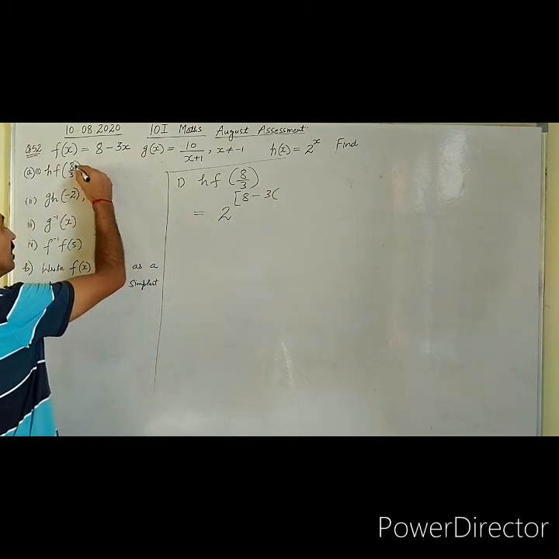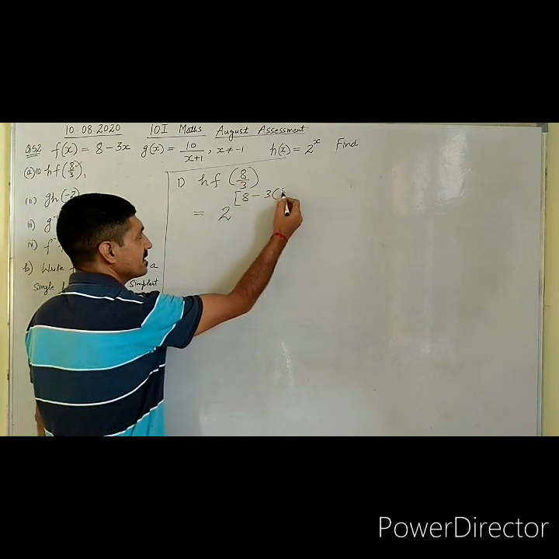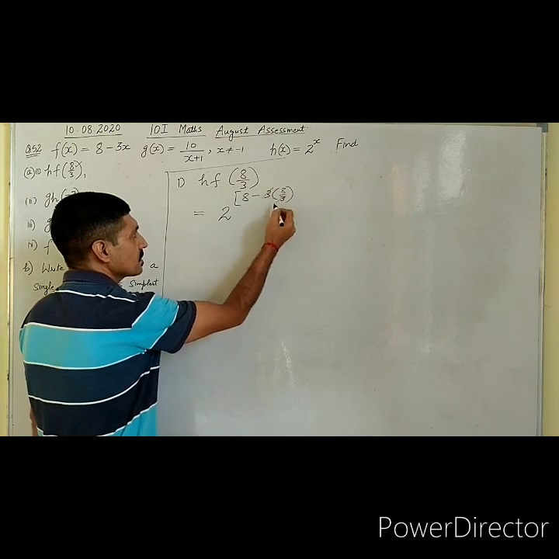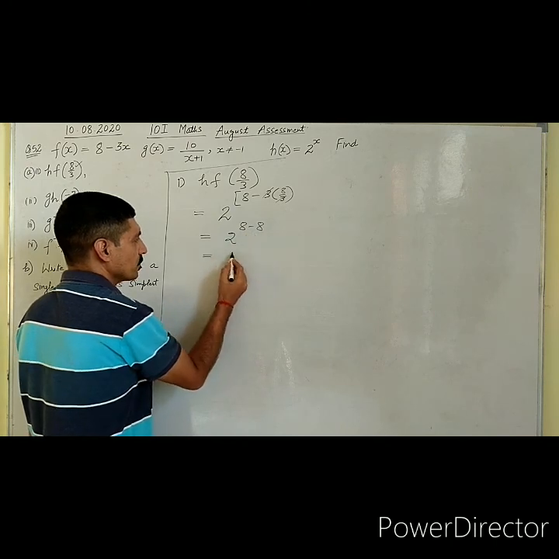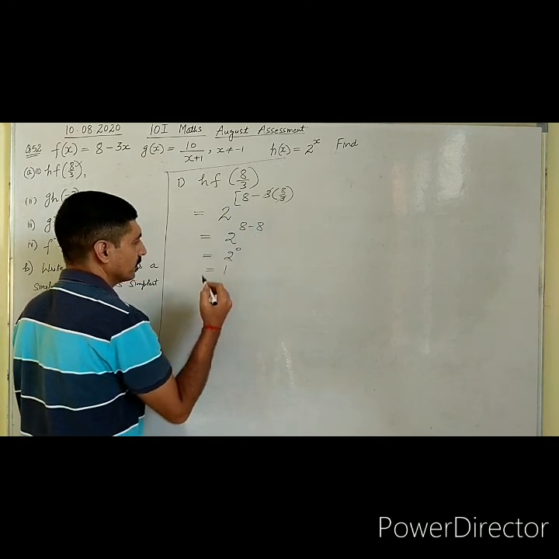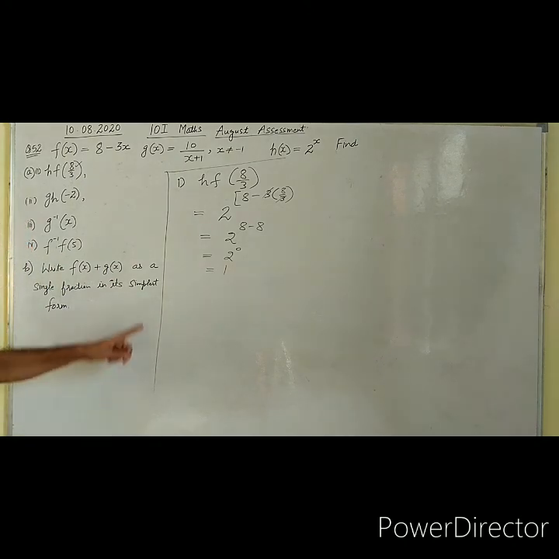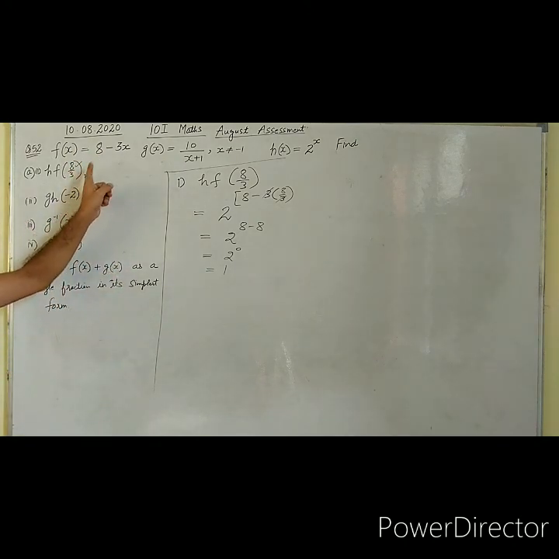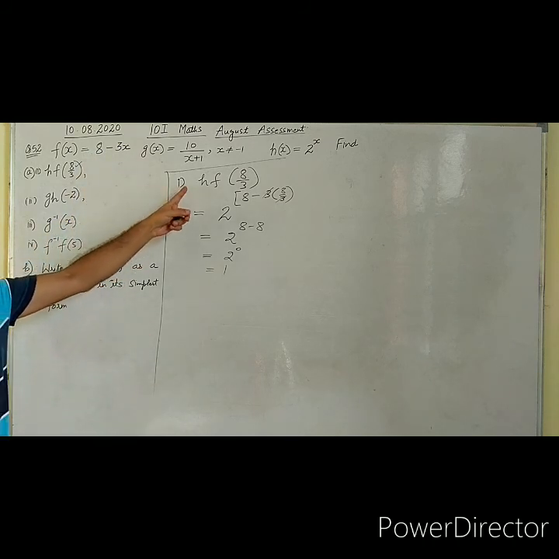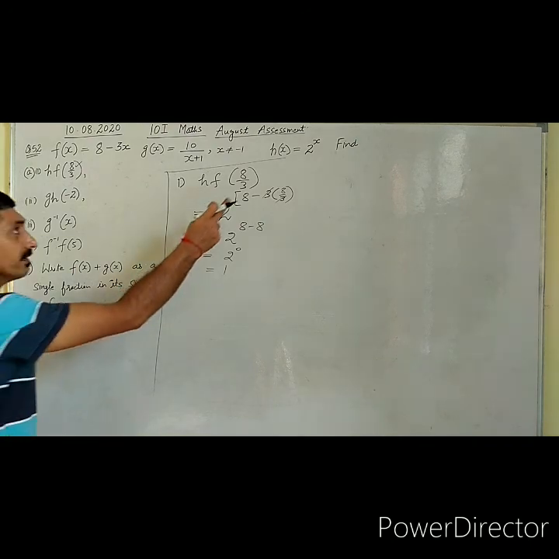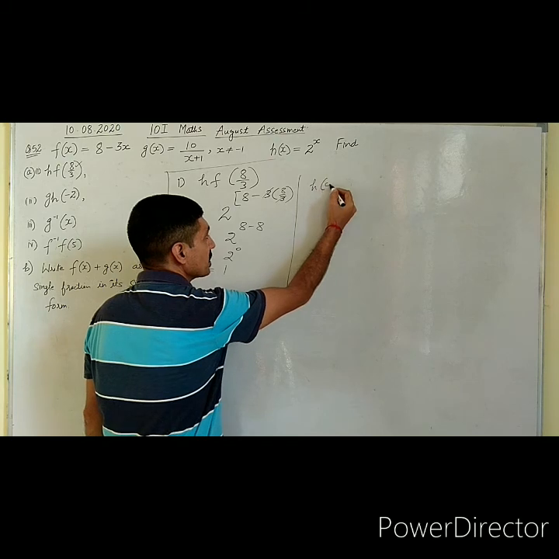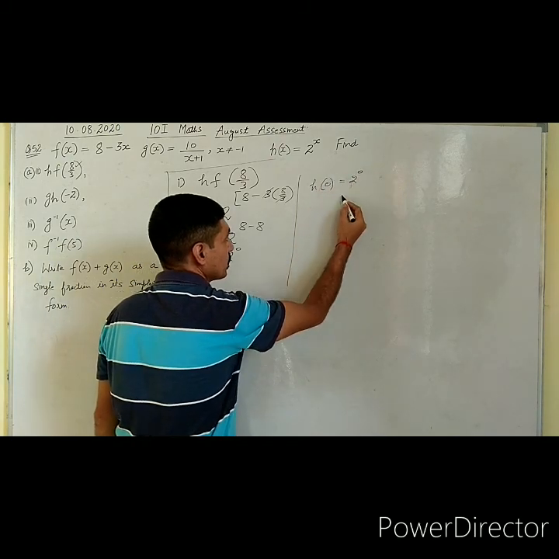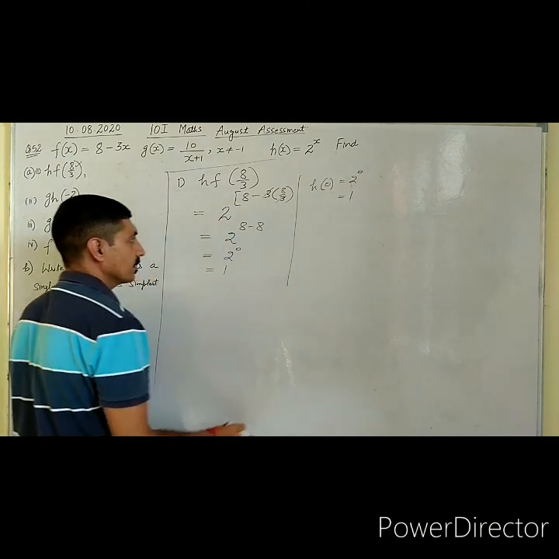Here we substitute the value of 8 by 3, so we have 2 raised to power 8 minus 8, that is 0. 2 raised to power 0 is 1. So f of 8 by 3 is 0, and indirectly you can write h of 0, that is 2 raised to power 0, equal to 1.